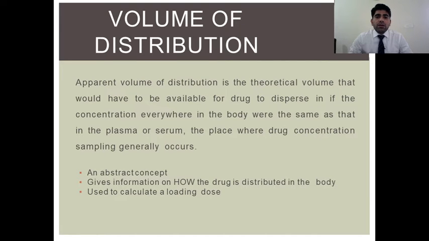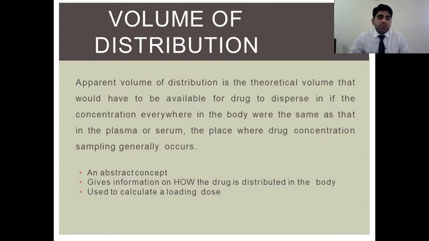when you take a drug through the oral route and the amount reaches systemic circulation. So now we are talking about volume of distribution. It means how much drug gets distributed into how much volume of liquid present inside your body. So this is the volume in which the drug gets dispersed.